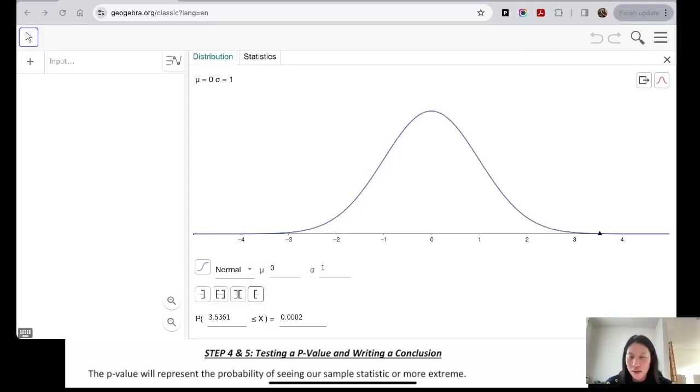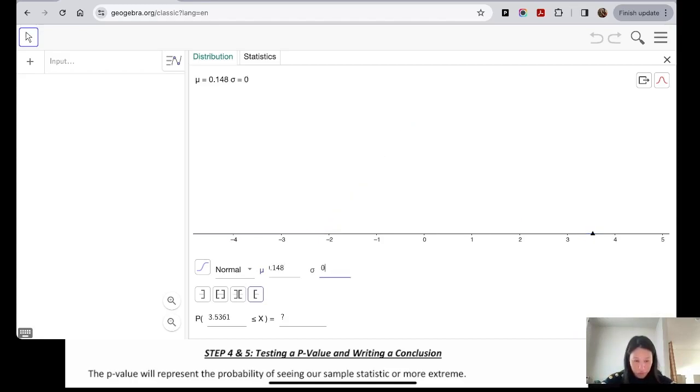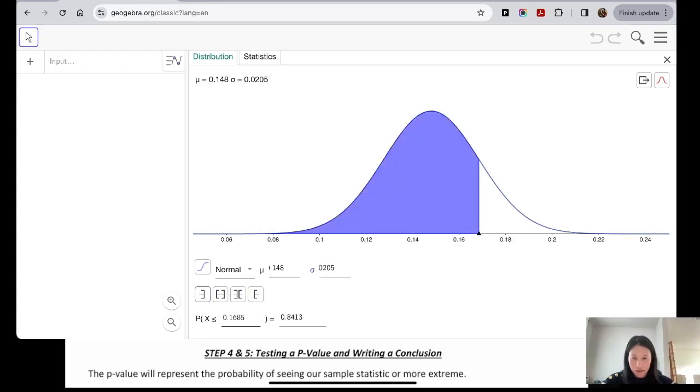Now let's take a look at our GeoGebra. The mean is 0.148, and we want to show that x is less than 12.1. All right, so this gives us 0.0939.